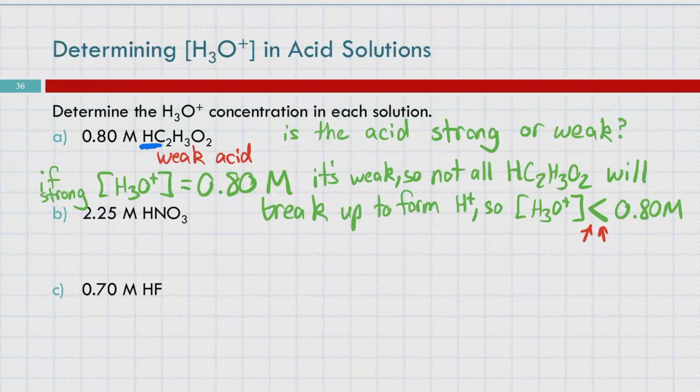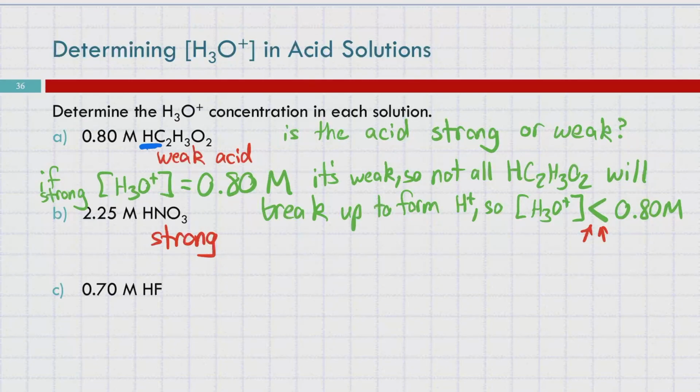Yes, those ideas connect. Okay, HNO3, nitric acid, is that strong or weak? It's strong. What does that mean about the amount of H+ that it forms? Does it all form H+? Does some of it form H+?